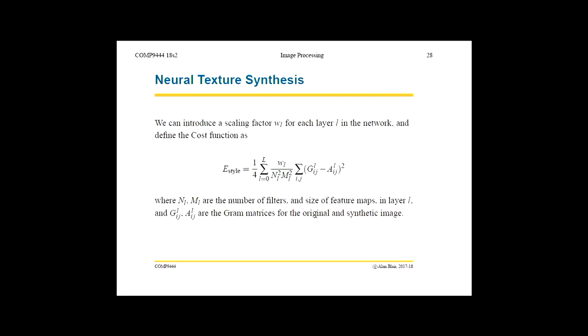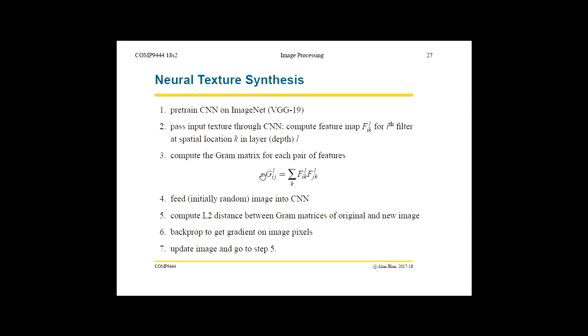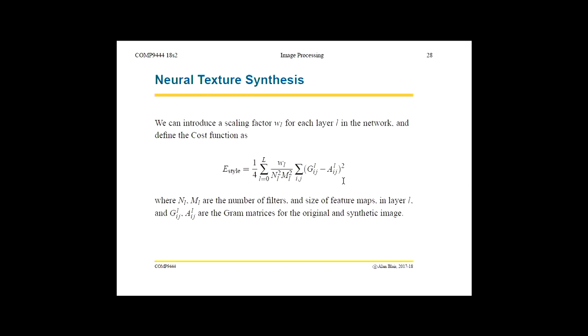But we also want, if we calculate this correlation matrix for one image and for the style image, the distance there to be low as well.